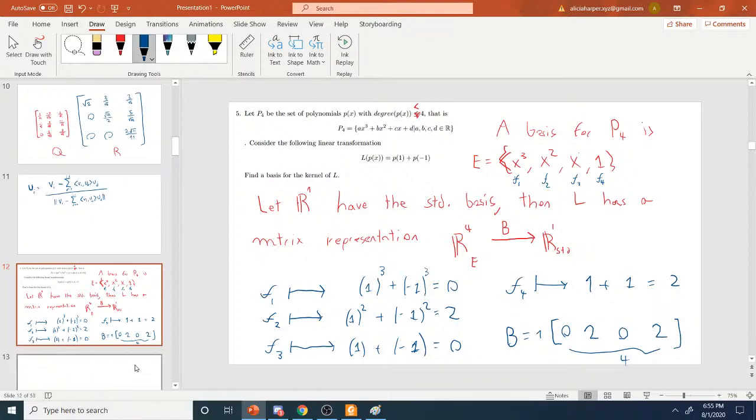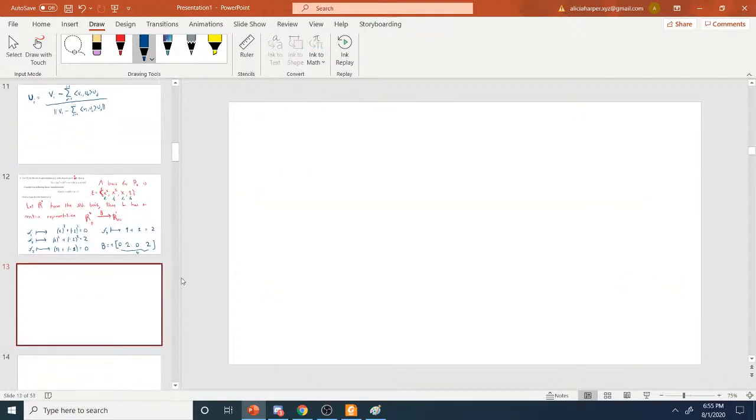So what we want to ask is, what is a basis for the null space of B?